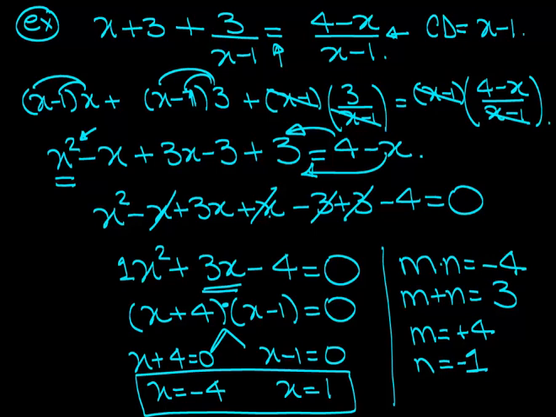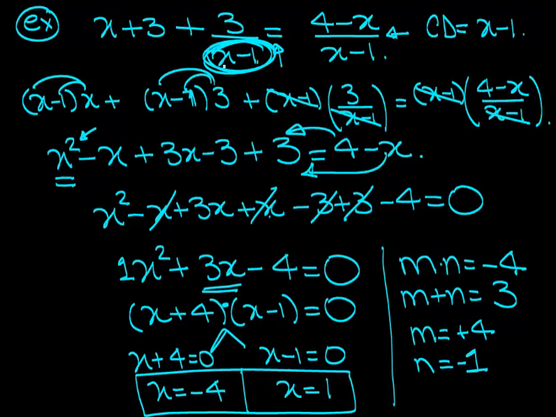Now, remember, it's not always good to just get the answers and be thrilled about it. You should always go back and check them, especially whenever the variable is in the denominator. We've talked about this again and again. In this case, since x is in the denominator, if x is 1, you get 1 minus 1 is 0.